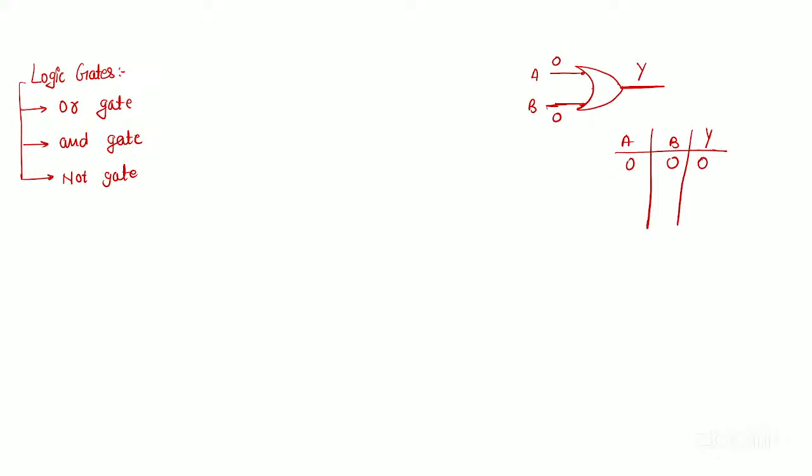But if A is 1 and B is 0, if only one value is true, it will provide you true. 1 we can also say is a true value, and 0 a false. So 0 0 gives 0 always, 1 0 gives 1. Similarly 0 1 will also return 1. It just requires one true value. Now 1 1 will also give 1. So this is the truth table for the OR gate.